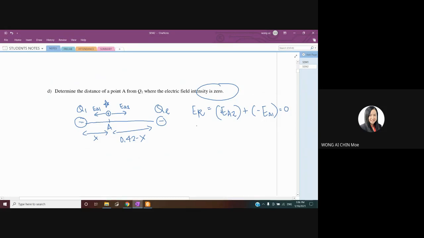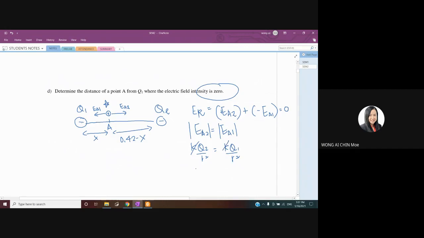In order to get equilibrium, where the electric field intensity is equal to 0, your EA2 must equal EA1 in modulus, meaning the magnitude must be the same. So we write KQ2 over R squared equals KQ1 over R squared. K and K we cancel.